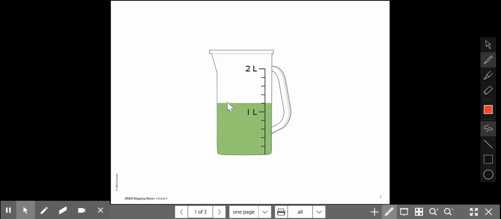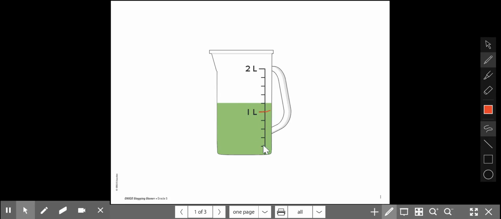In this first slide, we see a pitcher that is about half full of a liquid. We want to be able to identify in terms of a fraction and a decimal just how full this is. So let's see, if here is where 1 liter is, we have this divided into 1, 2, 3, 4, 5 sections.